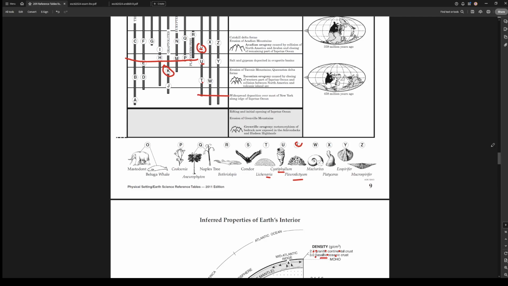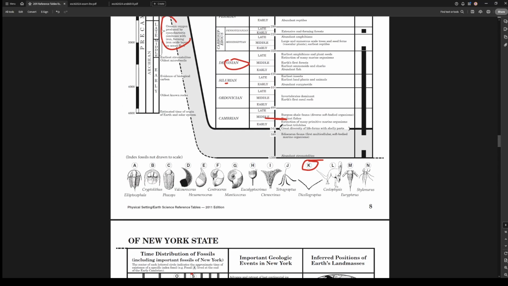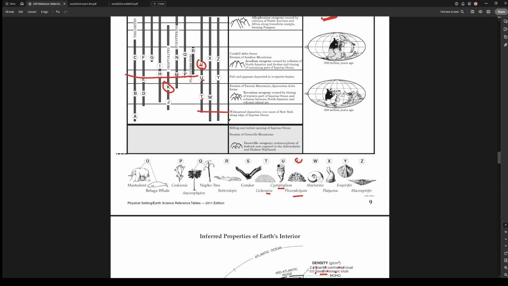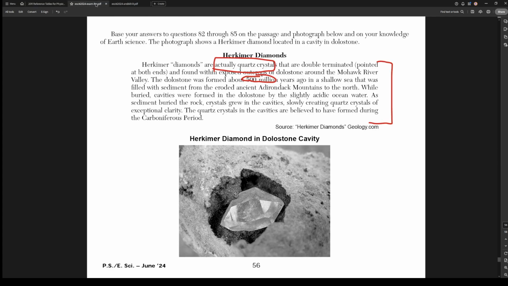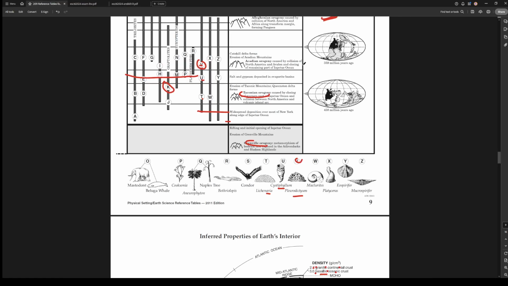Am I in the wrong category? No, it's the bottom of the Cambrian. So I see the Taconic orogeny here and the Grenville orogeny. So what am I missing? Let's read the question again. Oh, in the Adirondack Mountains. Look, Grenville orogeny in the Adirondack area. So it's probably the Grenville orogeny because of that.